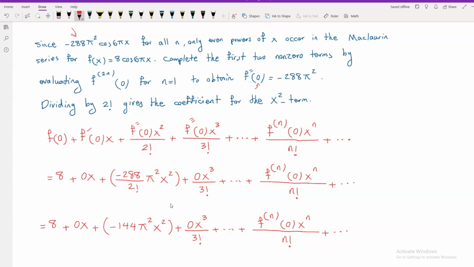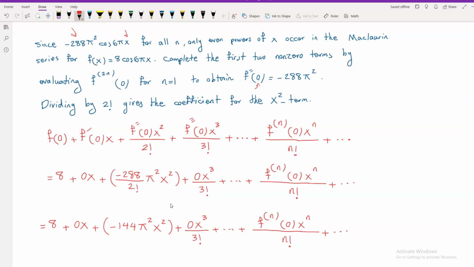Here we have 0. This is equal to -288 pi squared, because having x equal to 0, we're going to have cosine 0, and that is equal to 1. And then dividing by 2 factorial gives the coefficient for the x squared term.